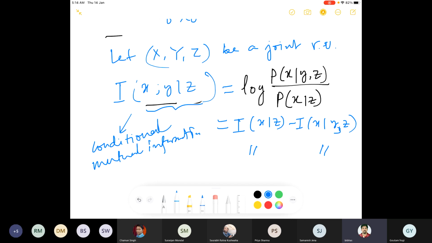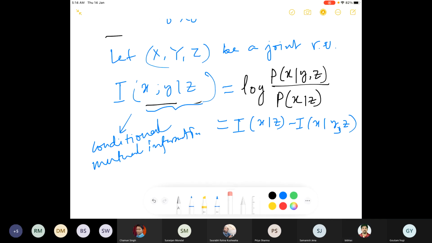If you write the formula for the conditional self information of X given Z and X given Y and Z, you'll see that this is what follows. So this is also homework.